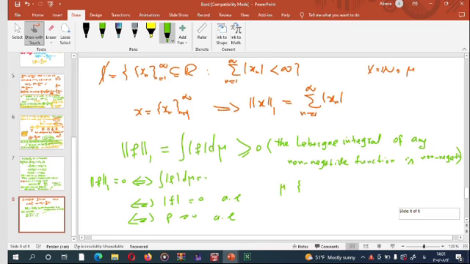On the other hand, the mu of this set, the set of all x where f of x is non-zero, must be 0.